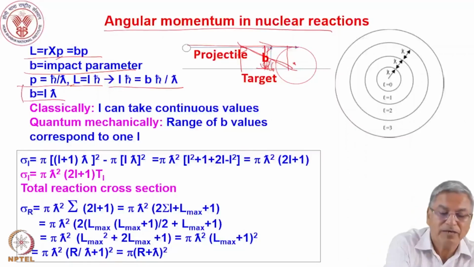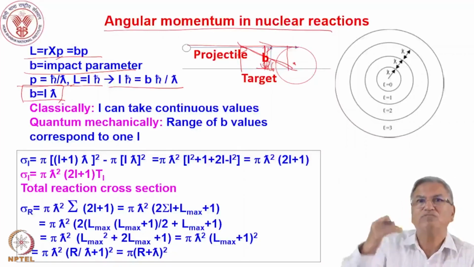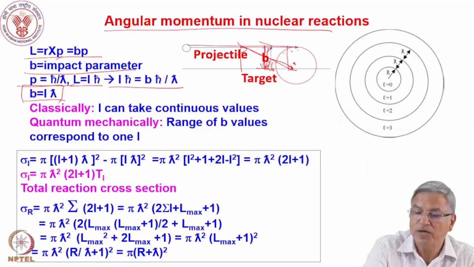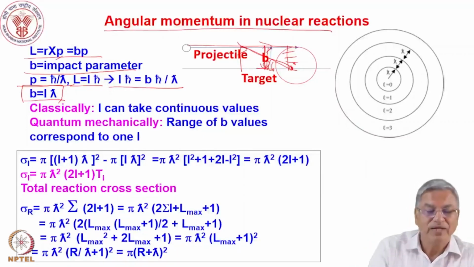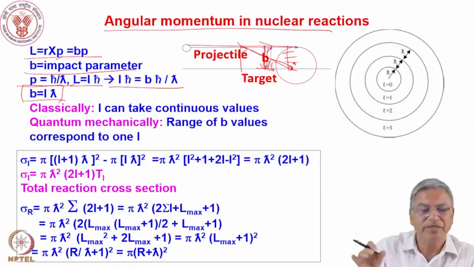This impact parameter b is a classical quantity: at what distance from the target center the projectile will hit the target. And L is how much angular momentum the projectile will bring, in units of lambda cross.